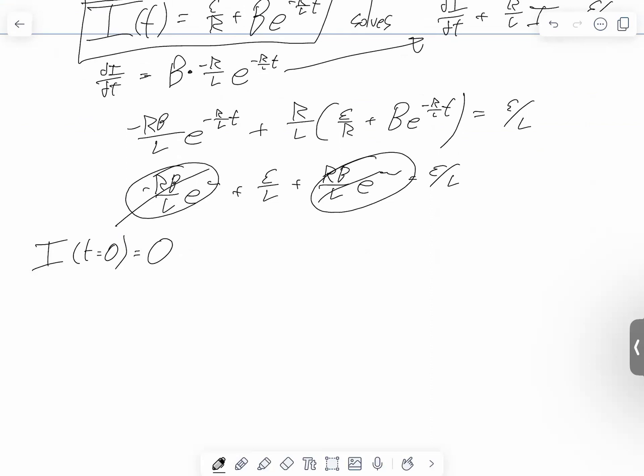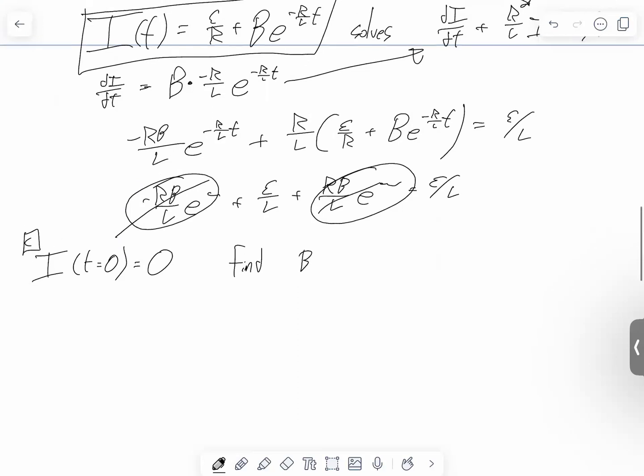What is C? Question C is find this undetermined constant. Don't use the diffie Q, use the proposed solution.